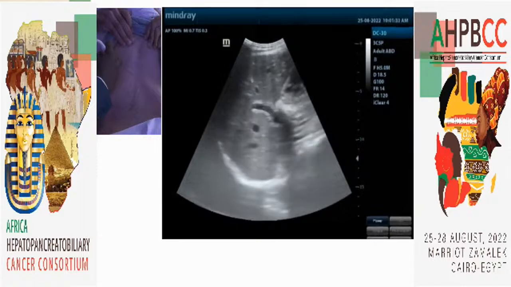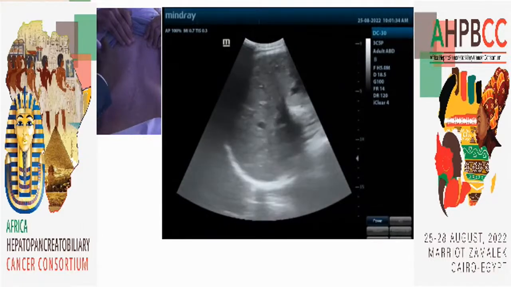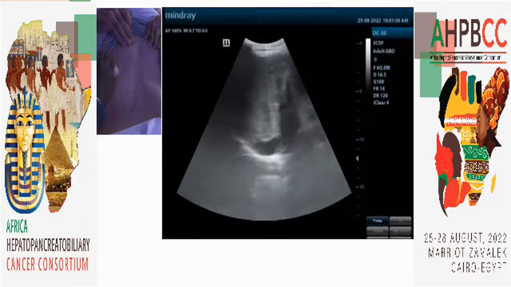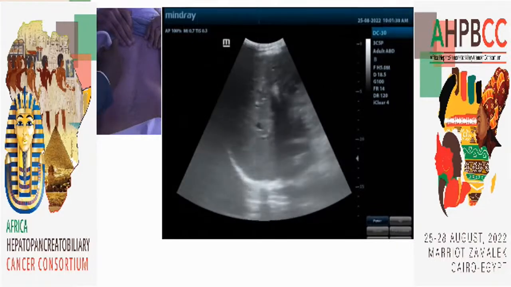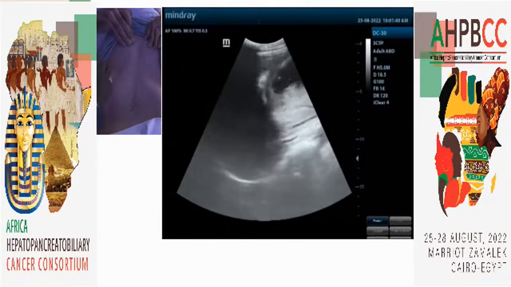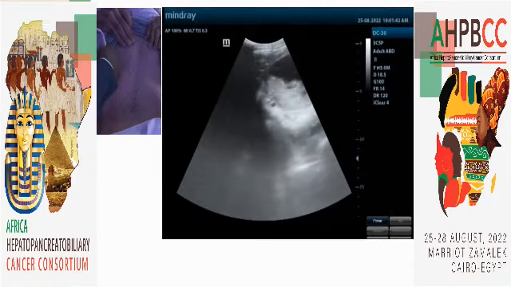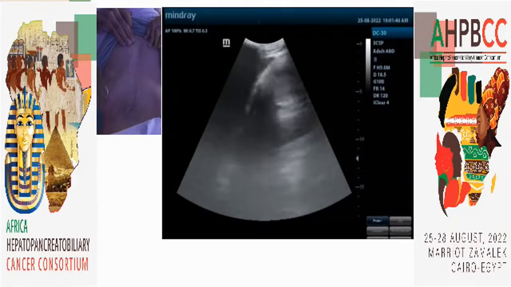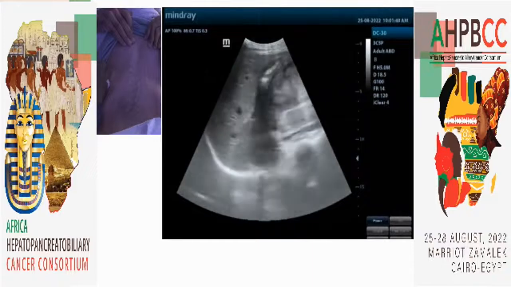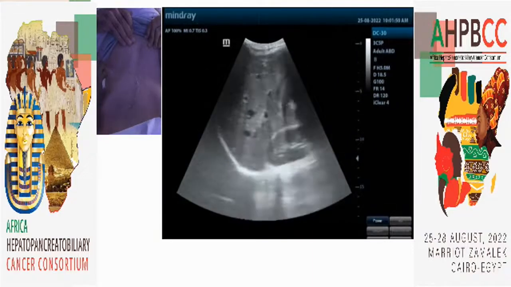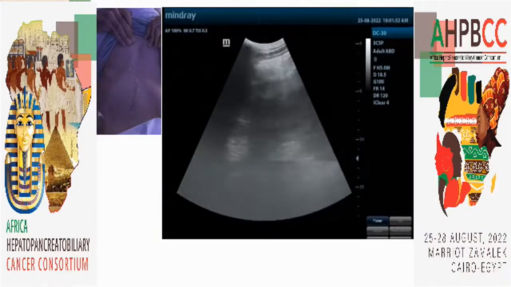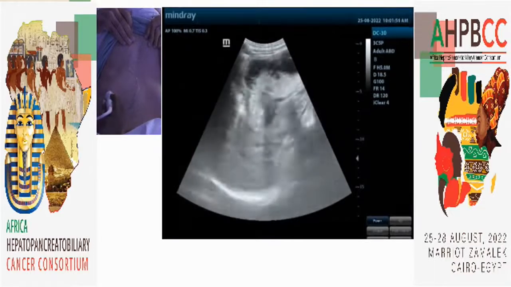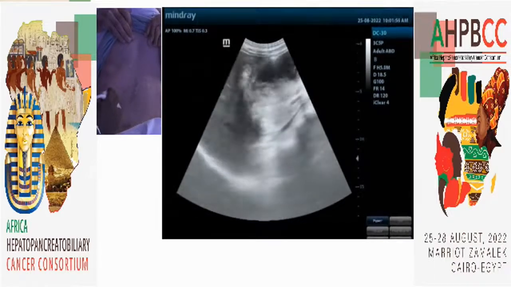We have 4A and 4B. You have to examine those very well. And every segment should be examined in 2 directions, so you can exclude any focal lesion or any infiltration in a way or another. Good. So far there is 1 lesion identified in segment 7. This is a nice case.